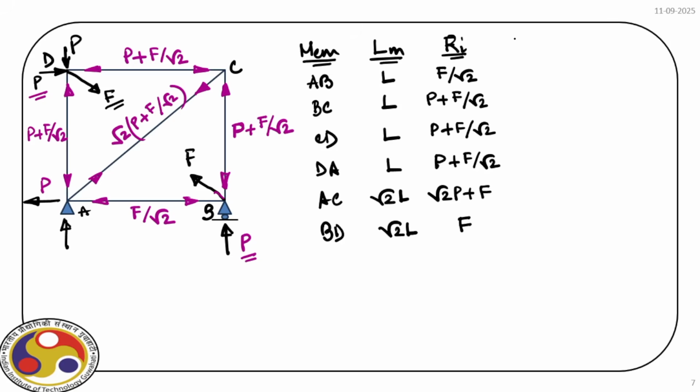So now we can find out Ri square L of the member divided by AE. So let us do that.